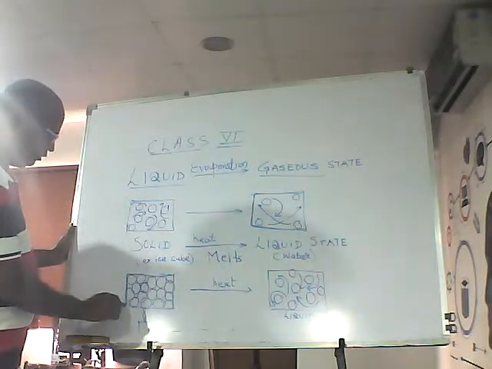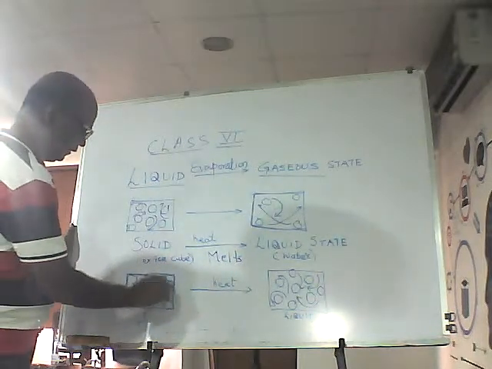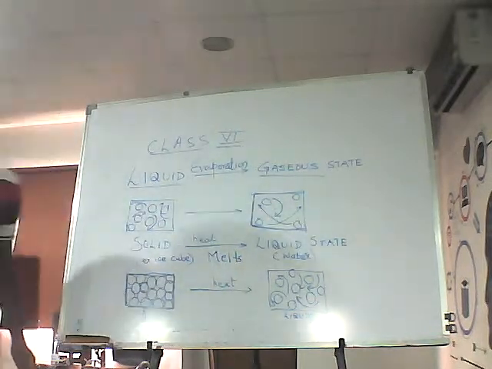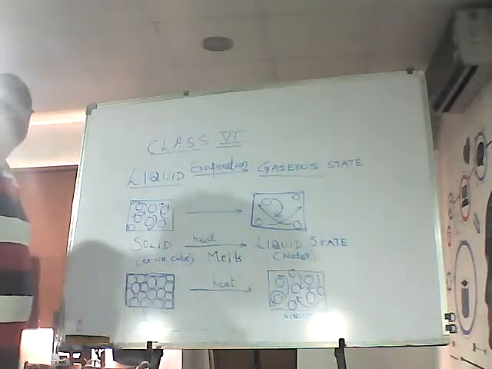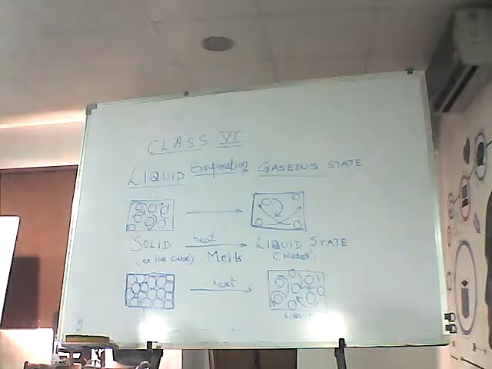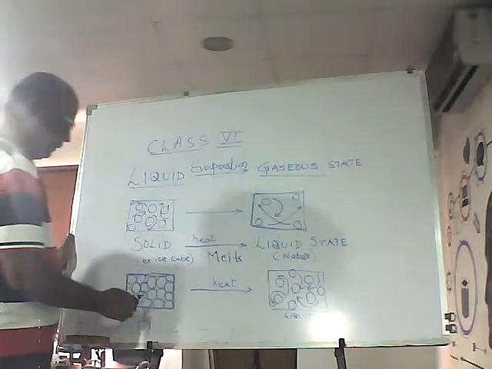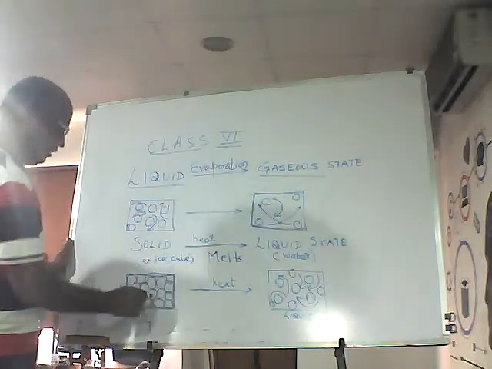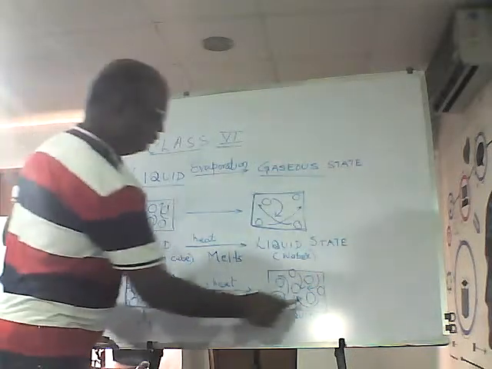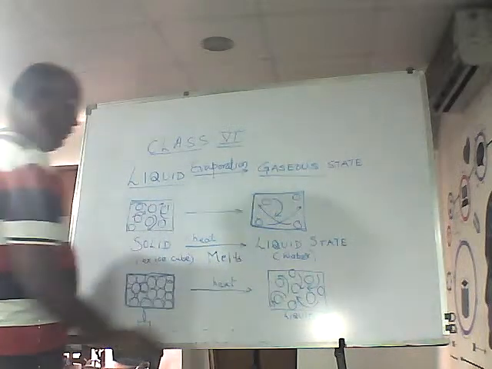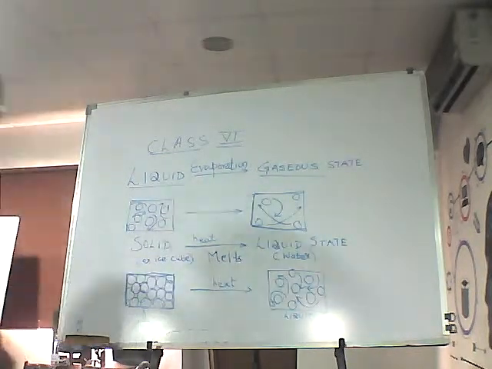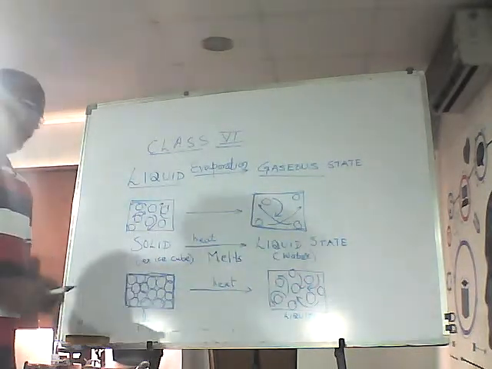So solids have definite shape and definite volume, because the molecules are very closely held. But when we heat, they get heat energy and move away from each other. So solid changes into liquid on heating, that is melting.